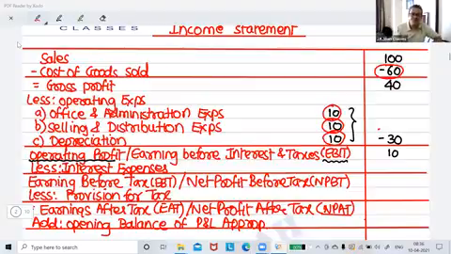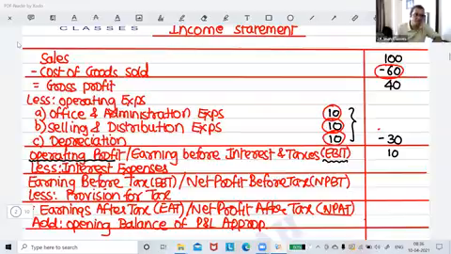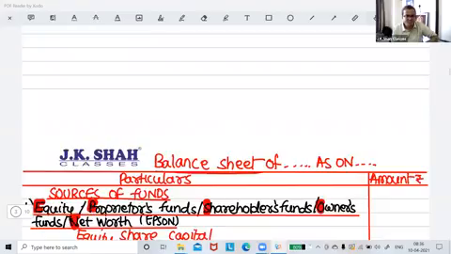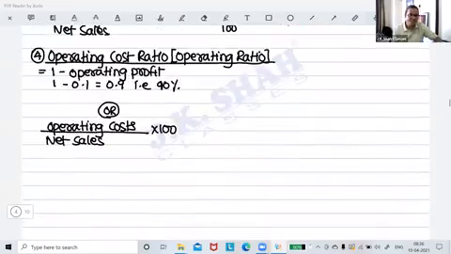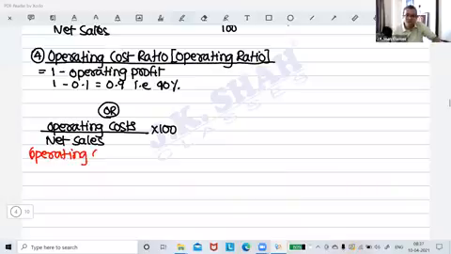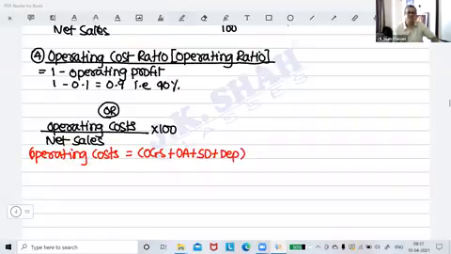So if it comes to calculating operating cost, I would say operating costs is equal to COGS plus office and administration plus selling and distribution plus depreciation.